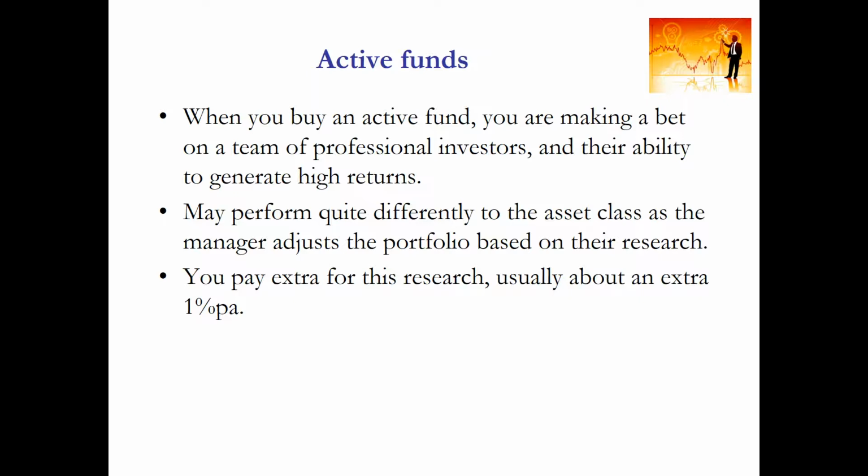Obviously, when you have an active fund, there are going to be significantly higher transaction costs, the cost that you pay for buying and selling shares. There is also a management fee, which compensates the professional fund manager for their time, their administrative expenses, and so forth. This can be around 1% per annum.